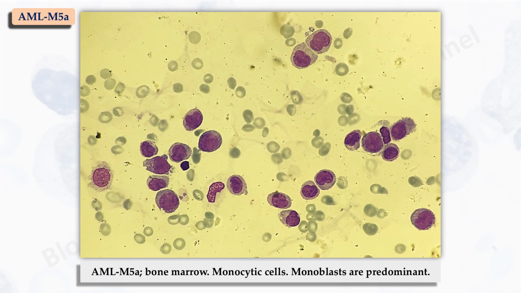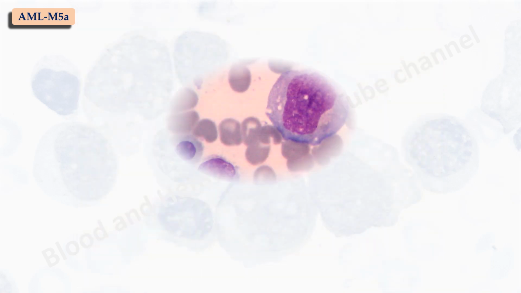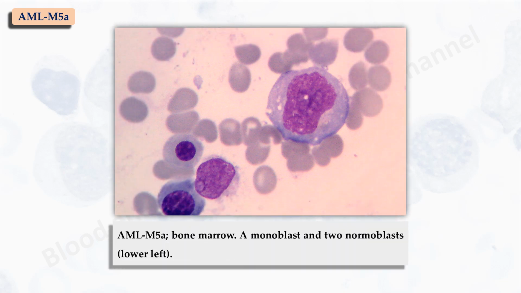Bone marrow film of a patient with AML-M5A, showing monocytic cells. Monoblasts are predominant. Bone marrow film of a patient with AML-M5A, showing a monoblast and 2 normoblasts.